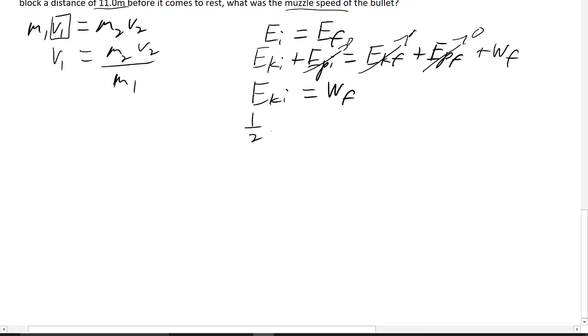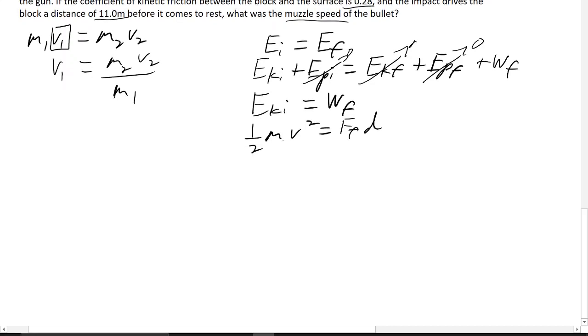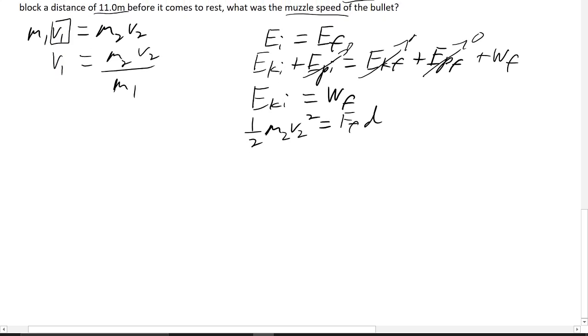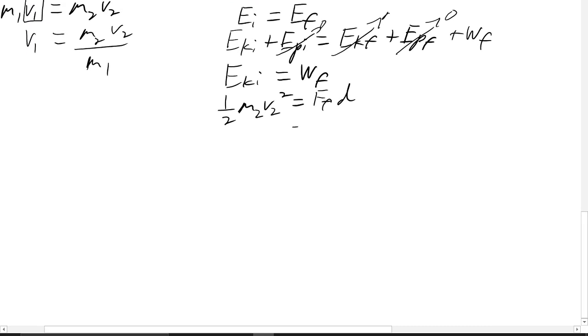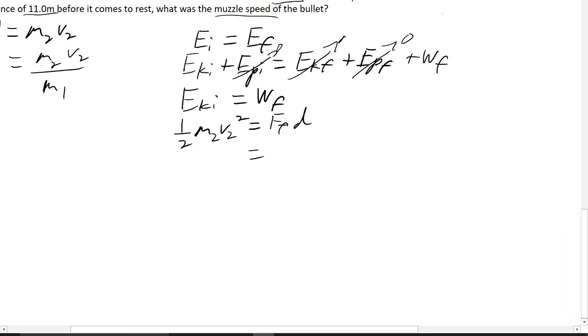That means that 1 over 2 mv squared equals FF times distance. And let's label these variables. So the mass is m2, because it's after the collision, and the v would be v2. And then we can simplify the right side further.